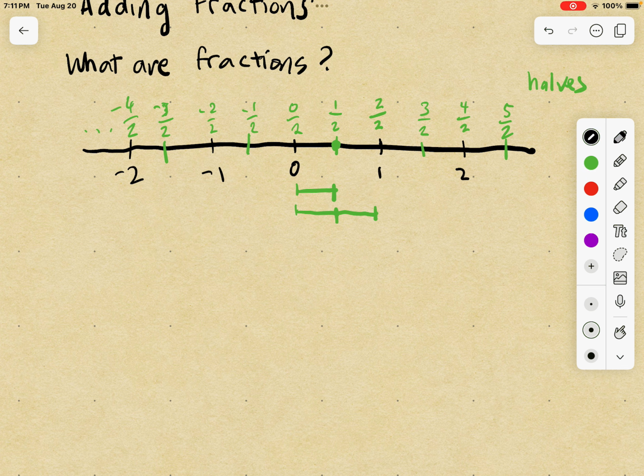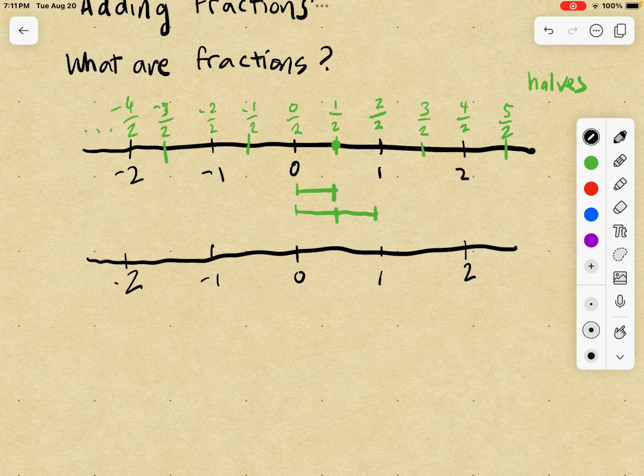And you can also take the number line and split it into thirds. I can just take each segment of length 1 and split it into 3 pieces of equal length. And this length is called 1/3.